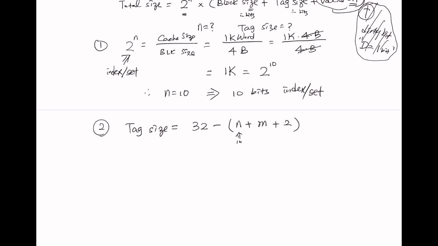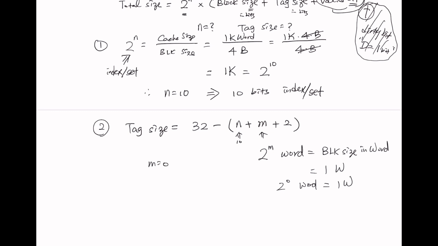What about this m? 2 to the m words equals the block size in words. How many bits do we need to designate for the number of words in a block? In this problem, we said we have block size of 4 bytes, which is 1 word. So 2 to the m words equals 1 word. Therefore, m equals 0.